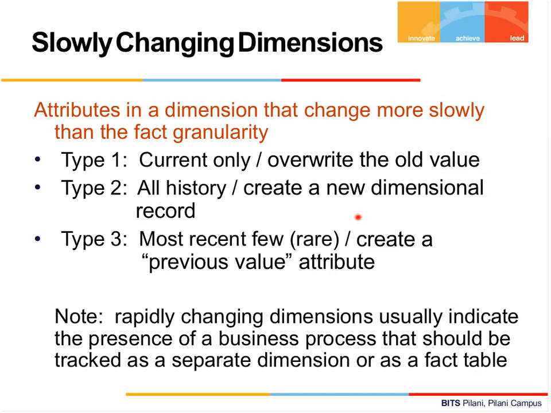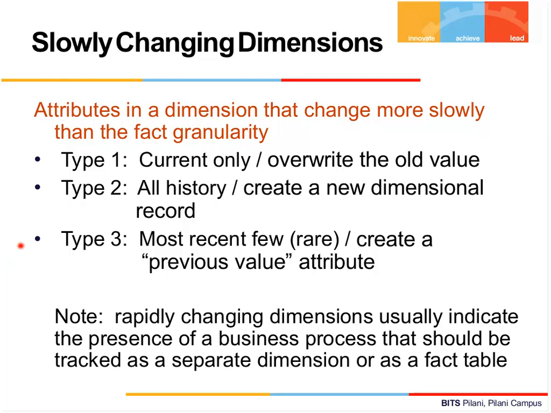The point I would like to make clear is that the majority of the changes in a dimensional table will be type 1. There will be some very minor percentage of attributes that are type 2, and then very, very few, like 1 or 2, that will be type 3.